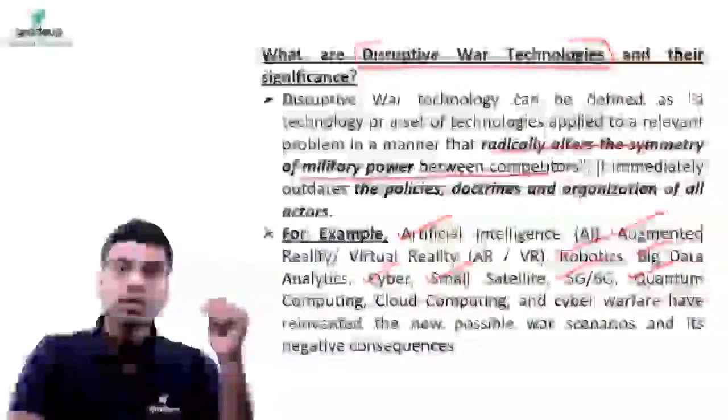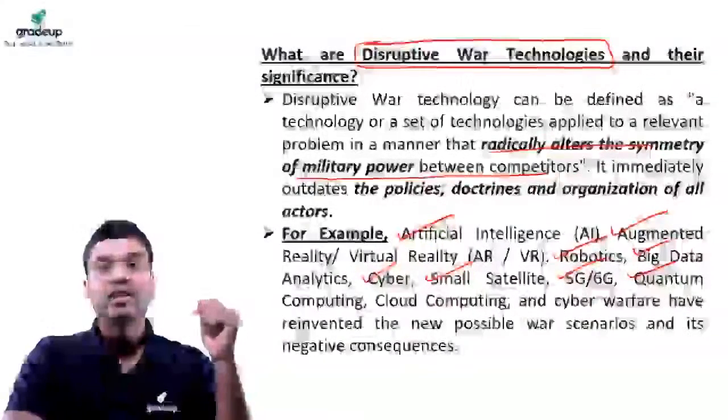We are using all of them. So basically, the theme of today's class is the role of these groundbreaking technologies in warfare. And when you use these technologies for warfare, it is called disruptive war technologies. As simple as that.